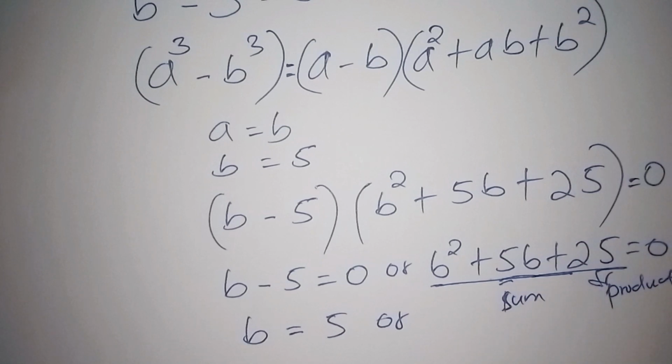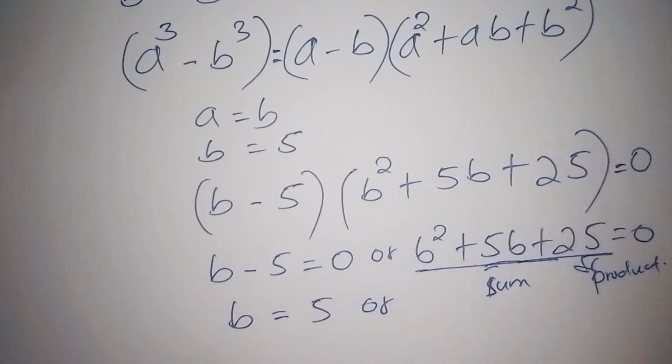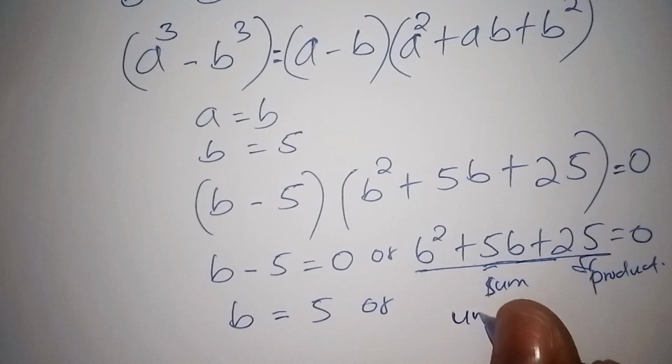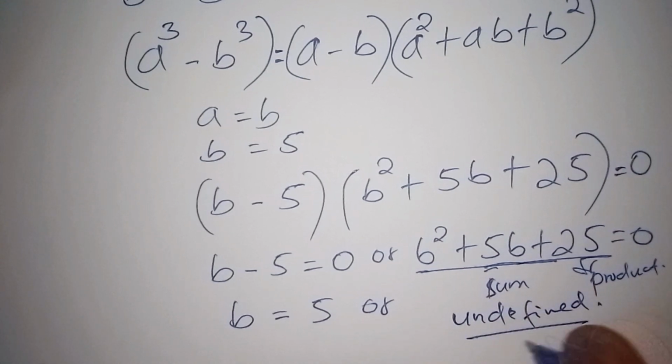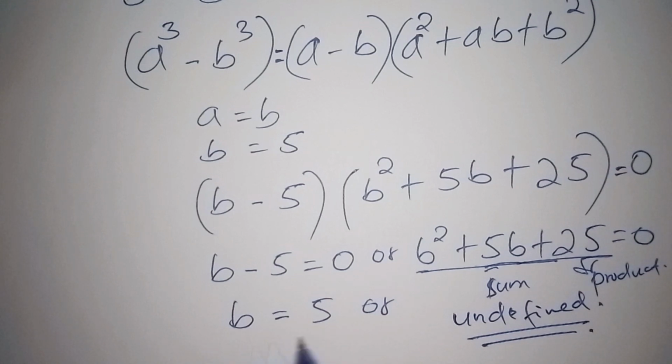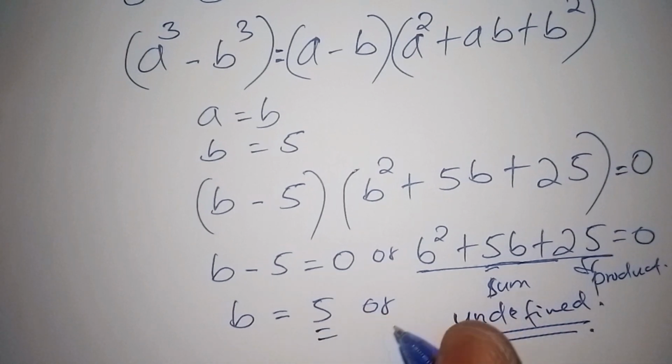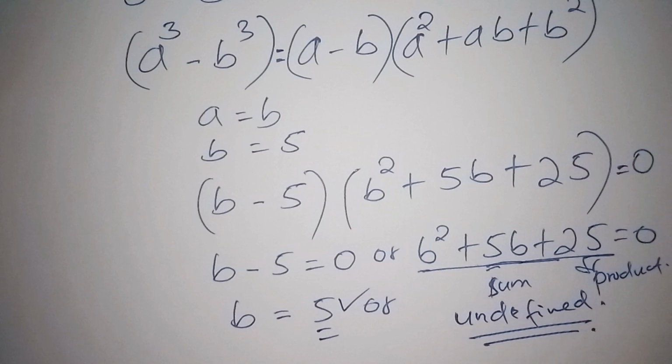It means that this one is undefined. We cannot work it out until we get an answer that is a whole number. So our value for b is 5. If you've got 5 as the value of b, then you've worked it out.